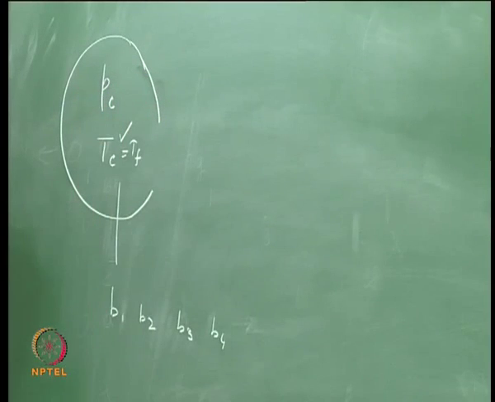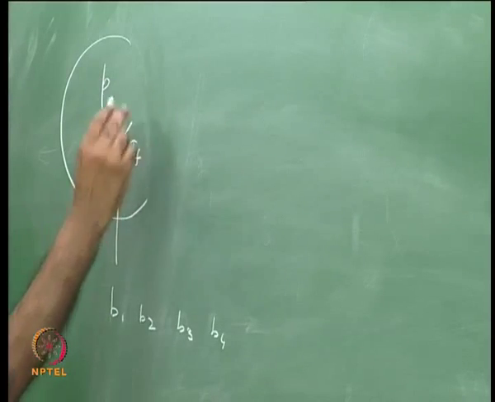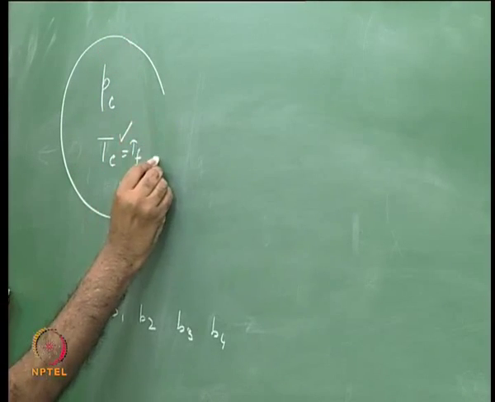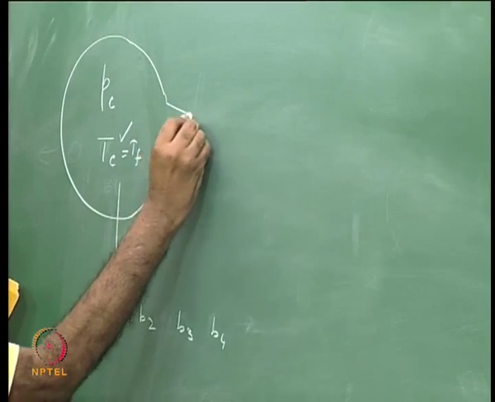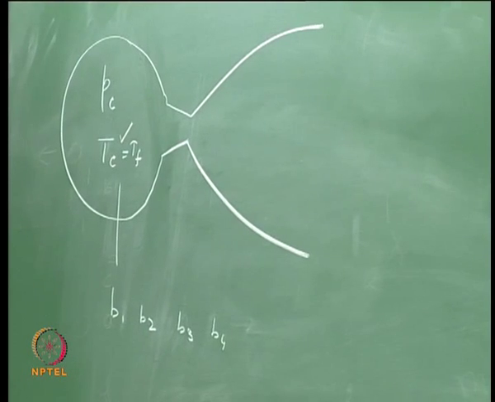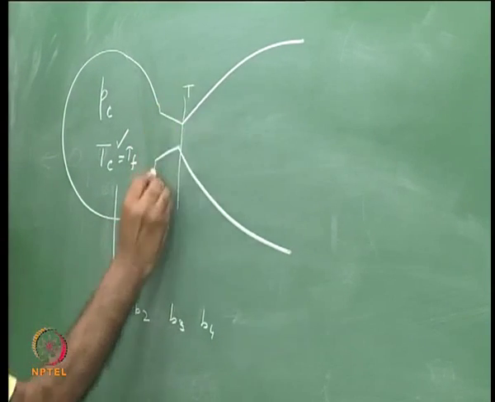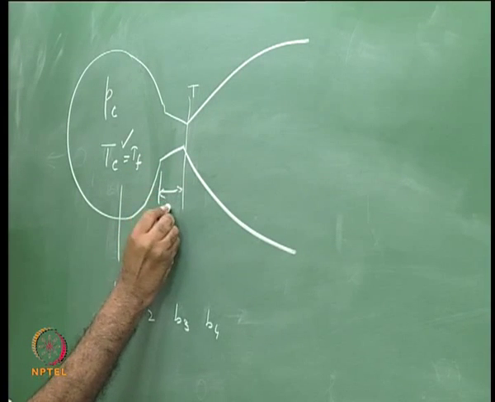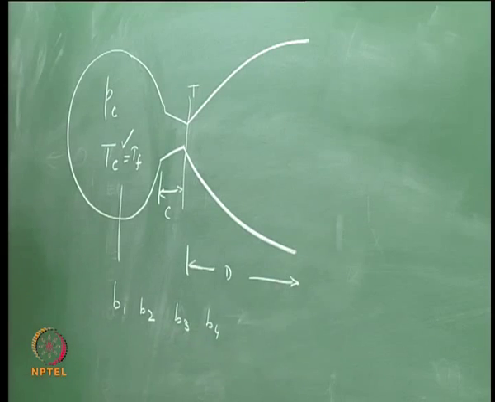I deliberately draw it this way because let us not think that a rocket should always be a cylinder. This is the combustion chamber. This feeds into my nozzle. This is the converging part of the nozzle, this is the throat, and this part is the divergent part of the nozzle.